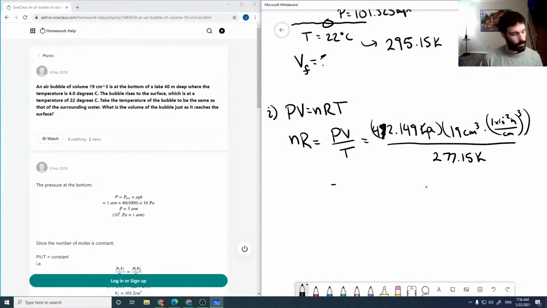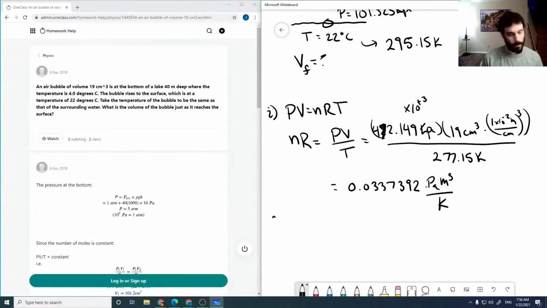So our nR in this case comes out to be 0.0337392, and this is actually in pascals meters cubed per Kelvin. I also multiplied by 10 to the plus 3 here.